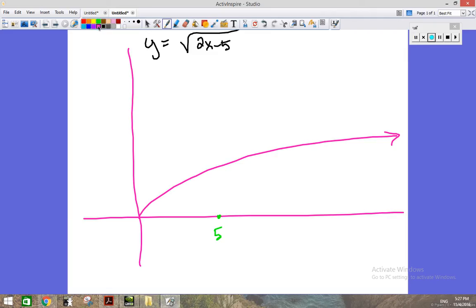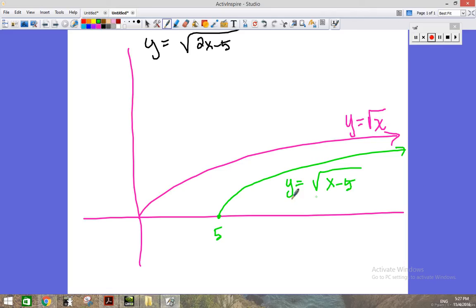So far, I've only showed you what you already know, and that's what the square root of x looks like. Well, this minus 5 shifts this graph 5 units to the right, and this graph is the square root of x minus 5.